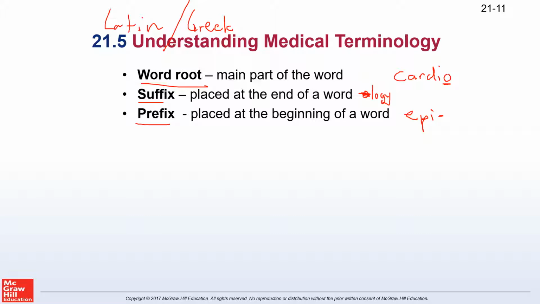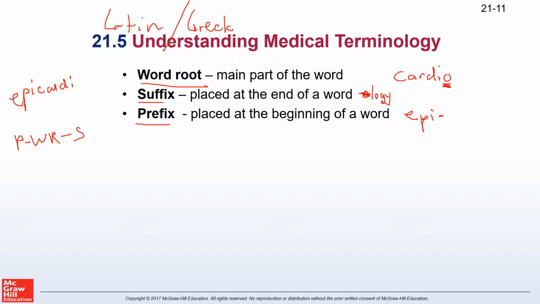So to combine medical terms, prefixes never use that combining vowel. So you just add the prefix at the beginning. So I have epi. So that's a prefix. Next usually is the word root. So our word root is cardio. So I have epi, cardi, right? And then we have our suffix.